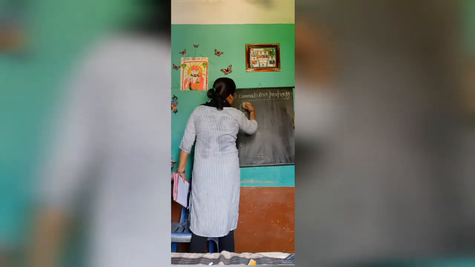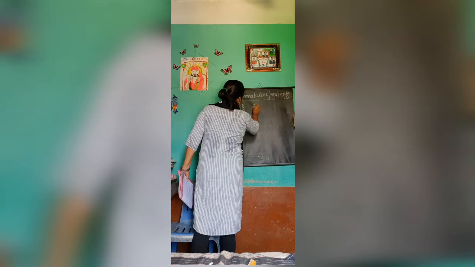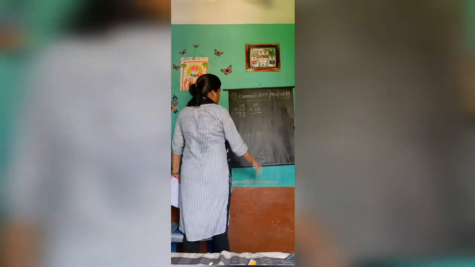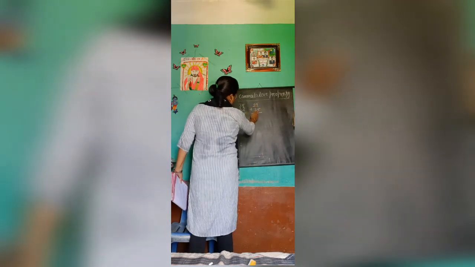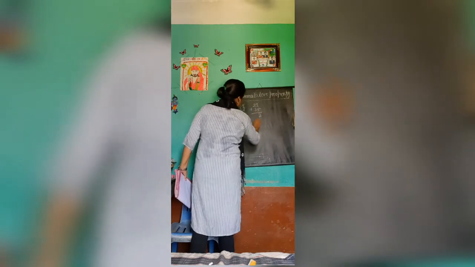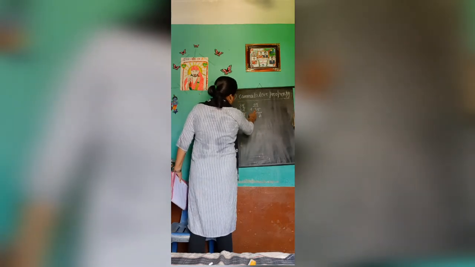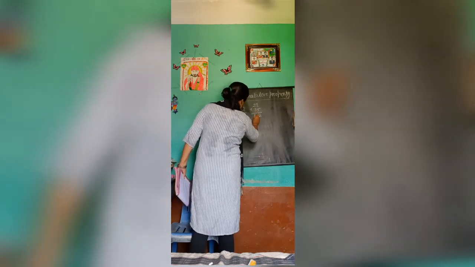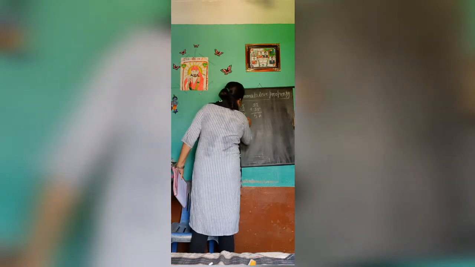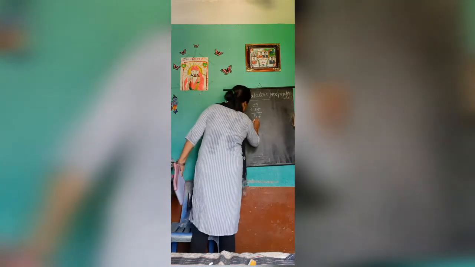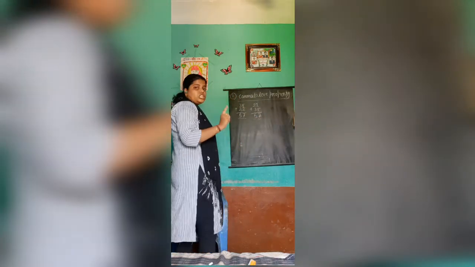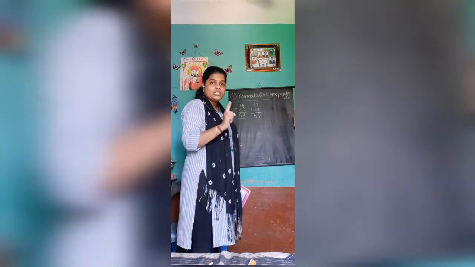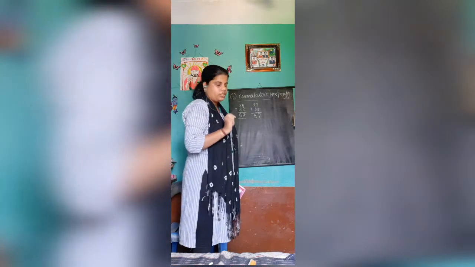Similarly, when we interchange like 22 addition with 35, 2 ones addition with 5 ones equal to 7 ones, and 2 tens addition with 3 tens makes 5. Here the result is 57. Here the result is also 57. So it is commutative property. No change in the result.